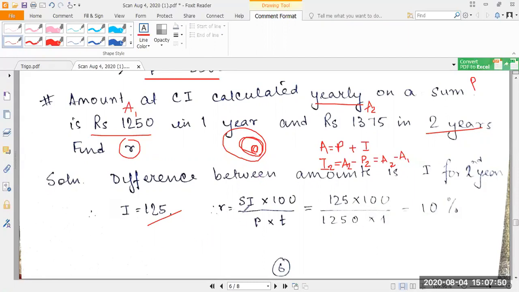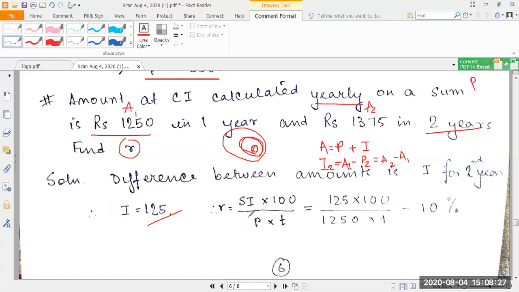We know simple interest is PRT by 100. So SI equals PRT by 100. If I put R on one side and push everything else to the other side of the equality sign, I get R equals SI into 100 by P into T. So this SI that I used is not exactly SI to be precise, but we use that formula, so we replace SI with 125, 100 remains 100.